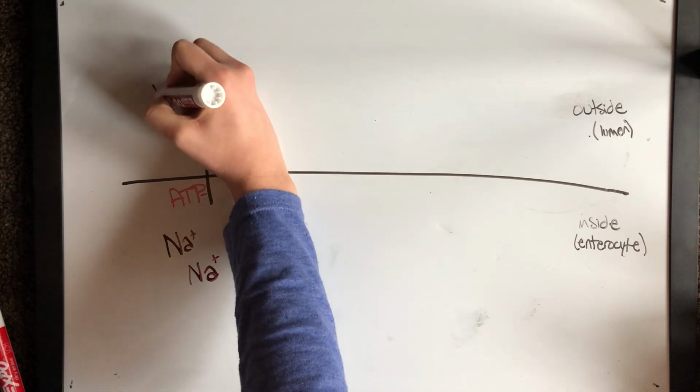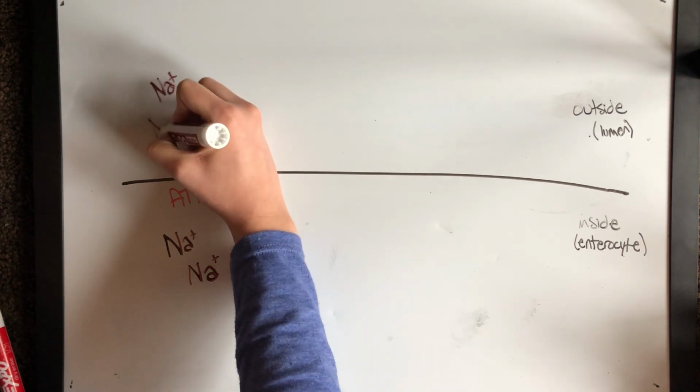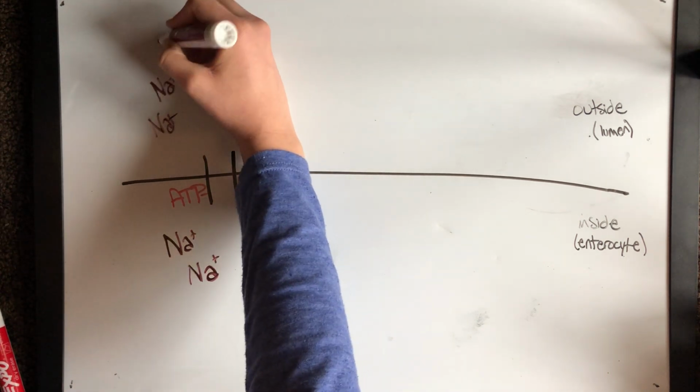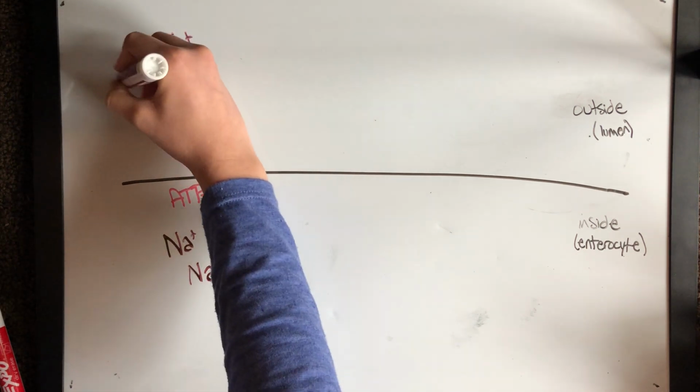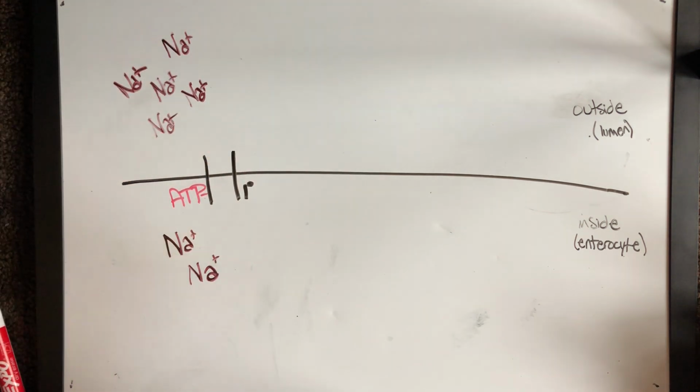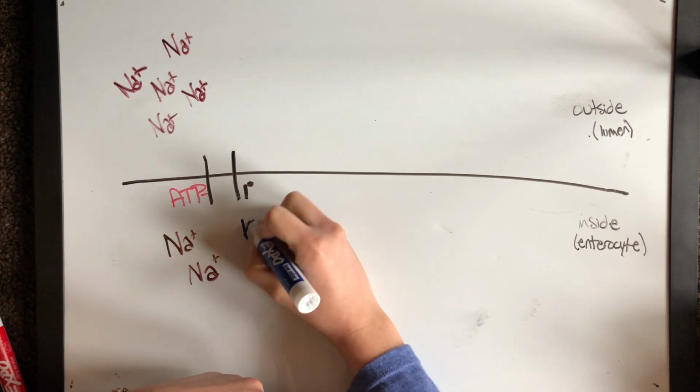Outside the cell, we have quite a lot of sodium because of this gradient, because of this pump. And then inside the cell, we have a lot of potassium.